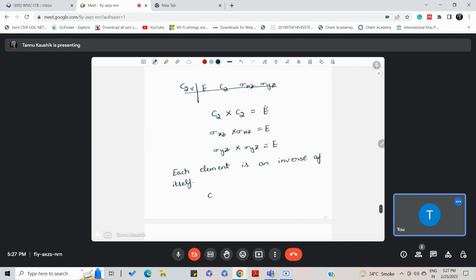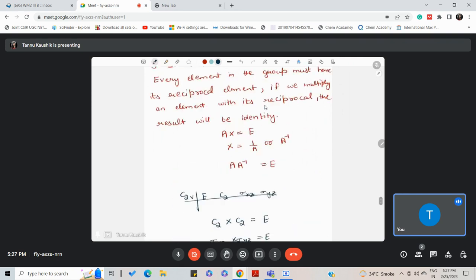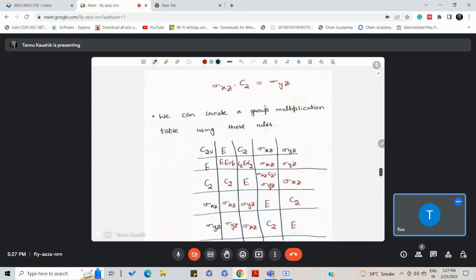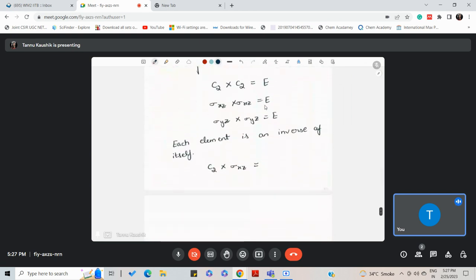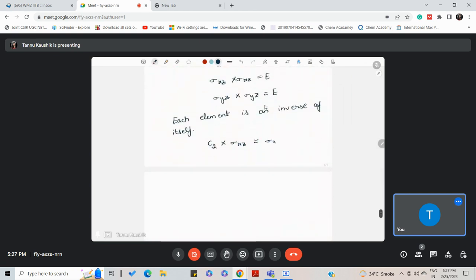And if we multiply C2 into sigma xz, what will we get? We have already seen that C2 into sigma xz will give us sigma yz.